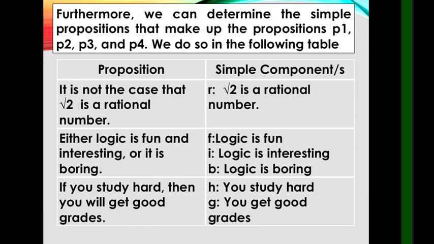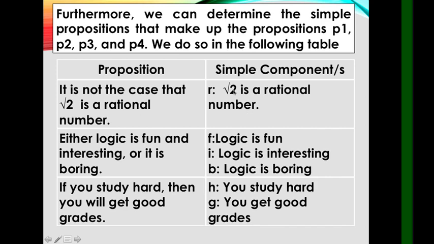Now, the examples that I gave a while ago can be broken down into pieces. It is not the case that the square root of 2 is irrational. You can make it a simple component like the square root of 2 is a rational number, right?